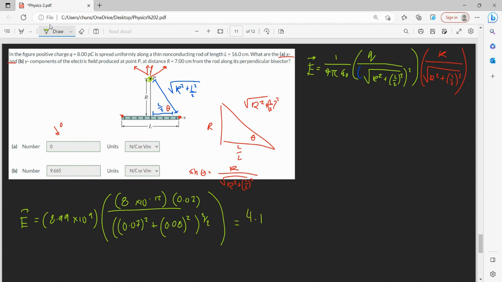Right, and that gives 4.1911 newtons per coulomb. But we're not quite there yet because we've only solved for one of the upward forces. So when we multiply it by 2, that gives us 8.382. Okay, so not quite what we got up here. All right, but the method still stands. Maybe it was a little bit of a math error on my part, but that is how to solve that question for a line of charge.